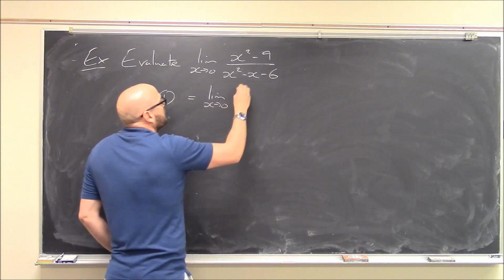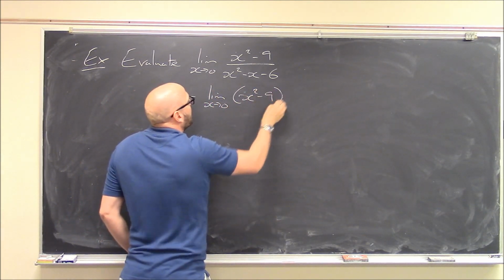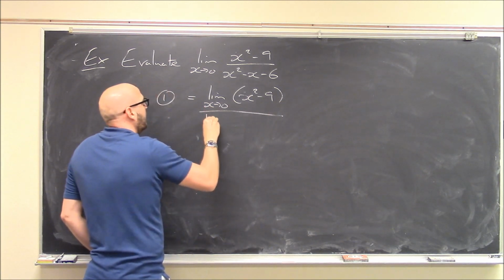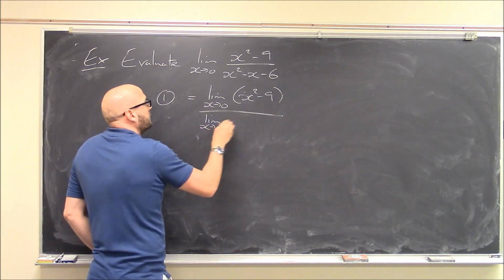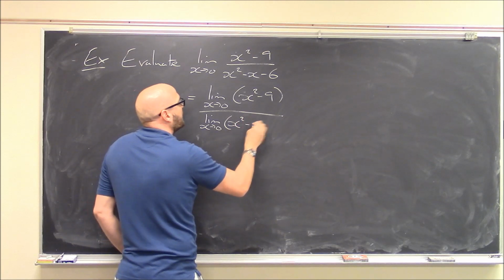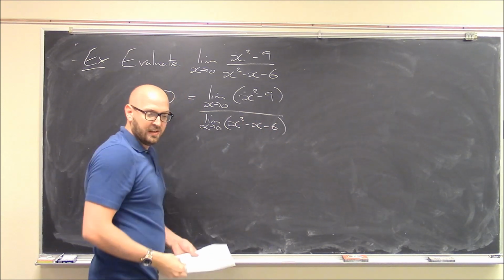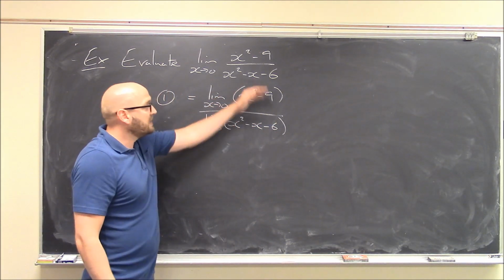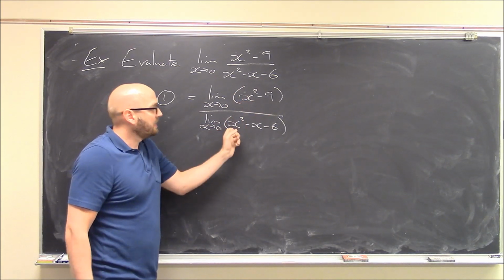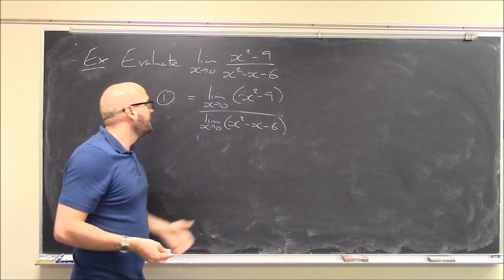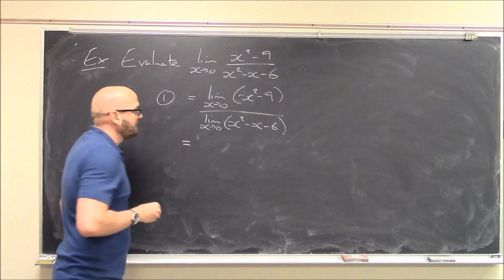The limit as x goes to 0 of the top, x squared minus 9, over the limit as x goes to 0 of the bottom, x squared minus x minus 6. And then the top and the bottom, you can keep breaking these up, but we don't really have to go that far.